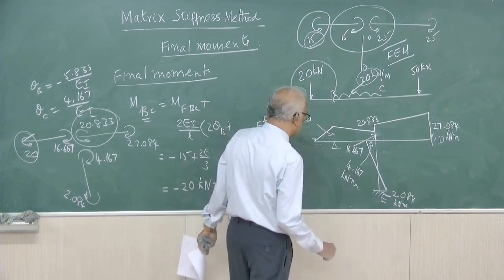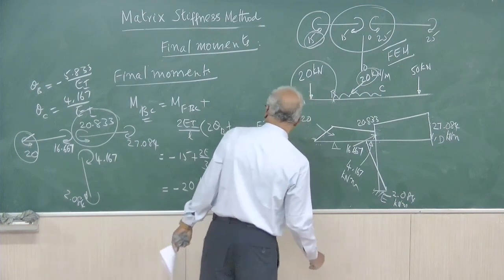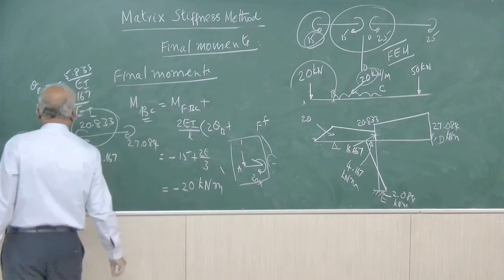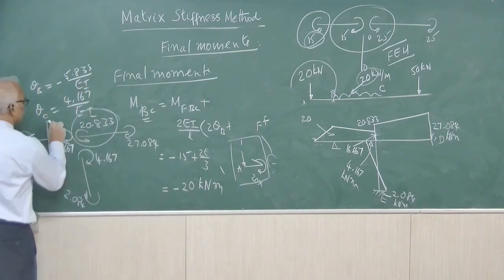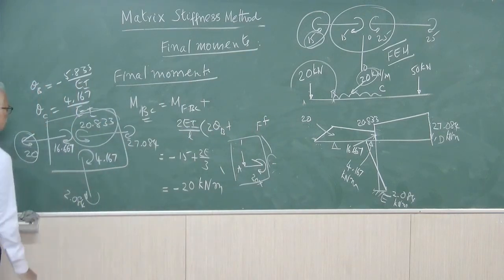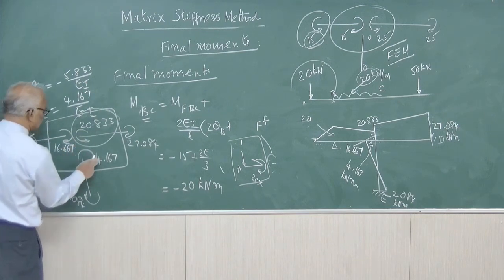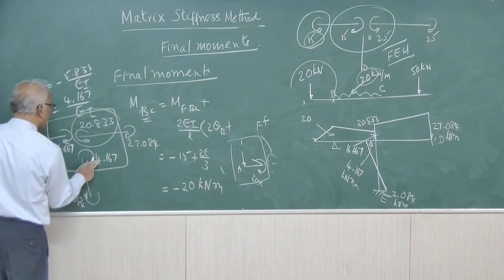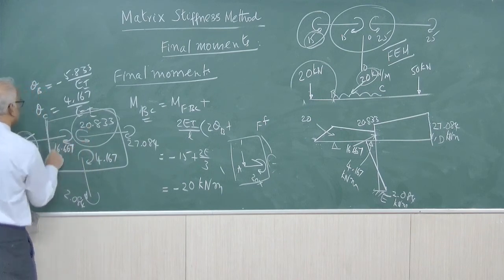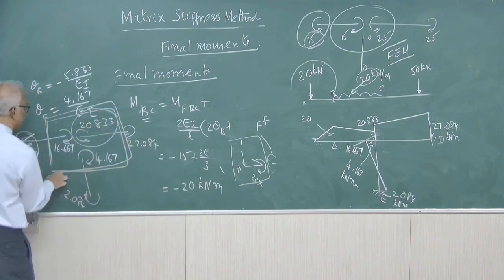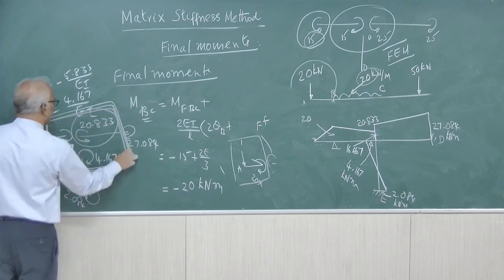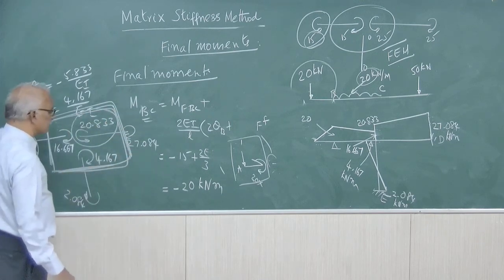So, this is about the support moments. So, one thing you have to note is, we have to add all these three values here. So, this is plus 16, plus 4, 20 point something, minus 20 point something. The algebraic sum here must be equal to 0. That we have to check. When these three values are added, the algebraic sum must be equal to 0.